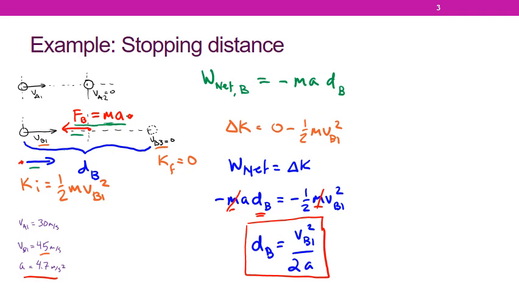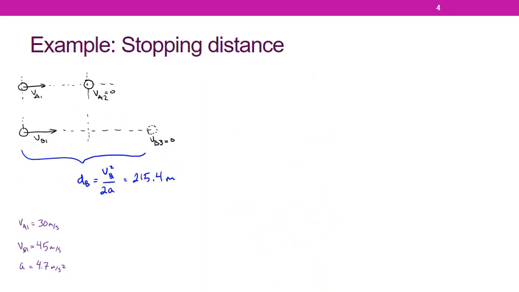We just had to understand how energy works, and that one force is removing energy, and be careful about the signs of our change in kinetic energy to get this result for my displacement very easily and efficiently. So we were able to, with very little fuss, find the stopping distance of the faster car. And when I plugged in my numbers, I got 215.4 meters. That's how long it took the faster moving car to stop.